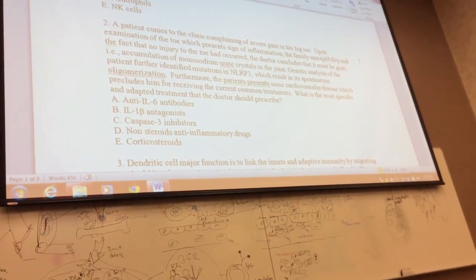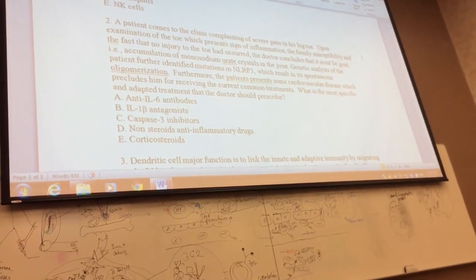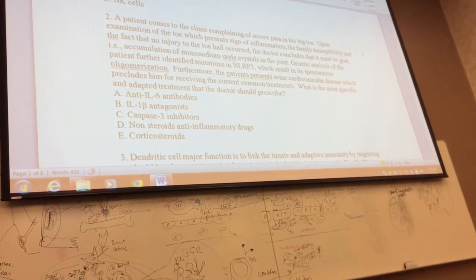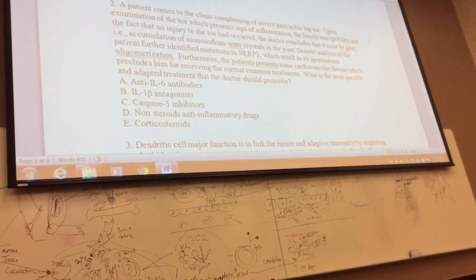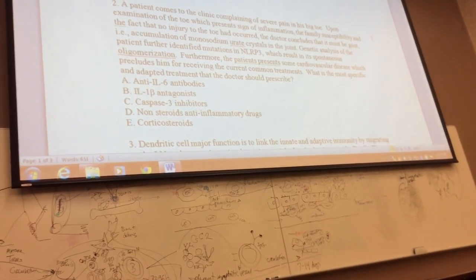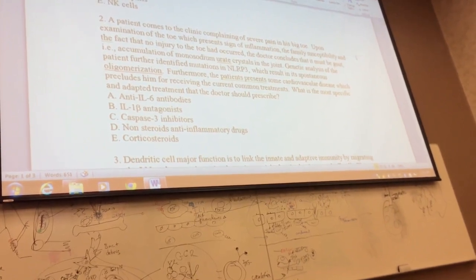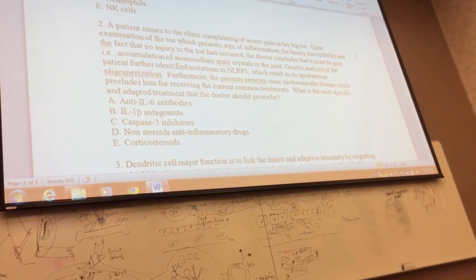Genetic analysis of the patient further identified mutations in NLRP3, which results in its spontaneous oligomerization. Furthermore, the patient presents with cardiovascular disease, which precludes him from receiving the current common treatments. What is the most specific and adaptive treatment that the doctor should prescribe?